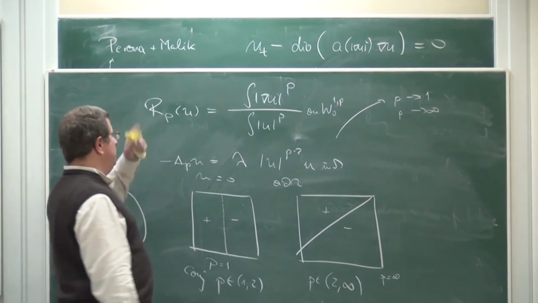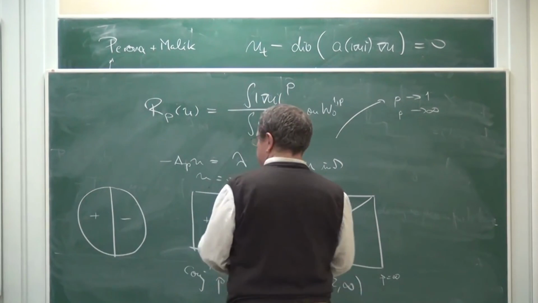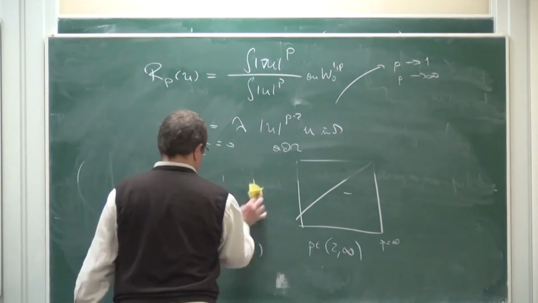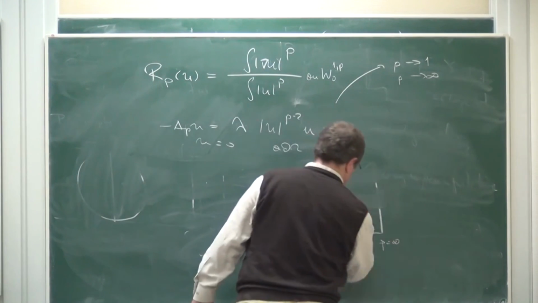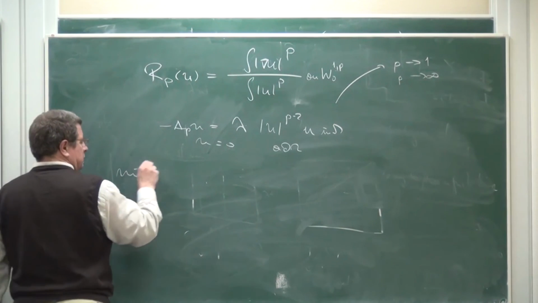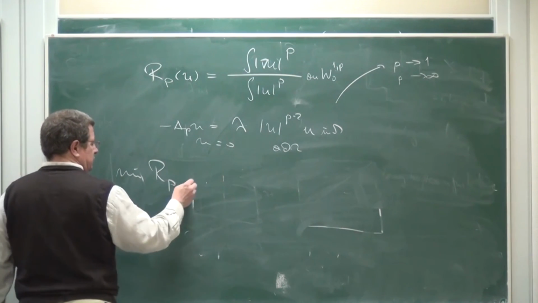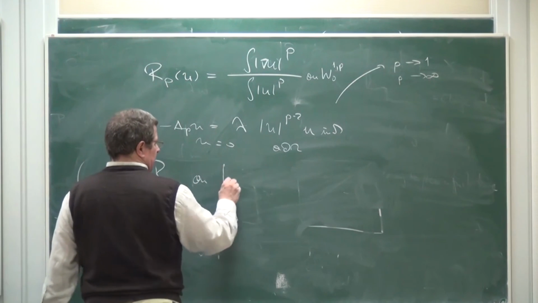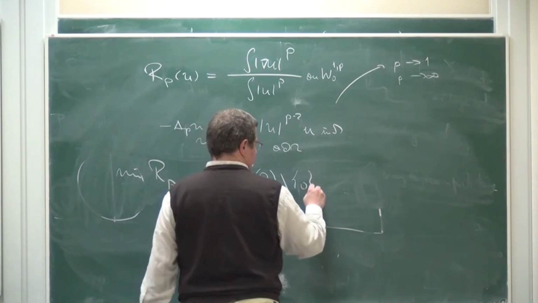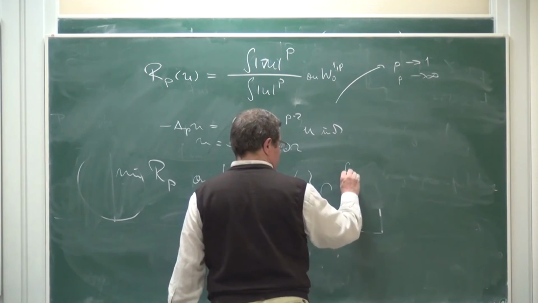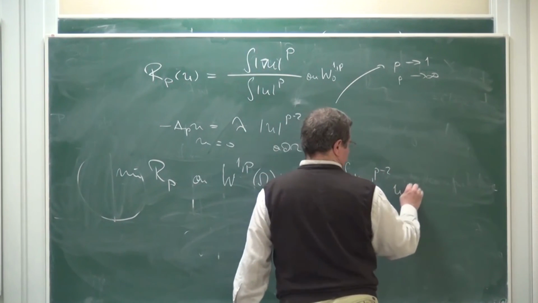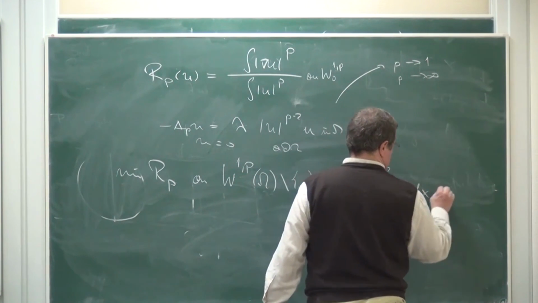Or one can minimize this on the set of functions in W^{1,p} intersected with functions that have mean value equal to 0.